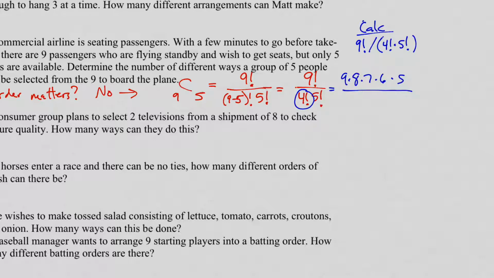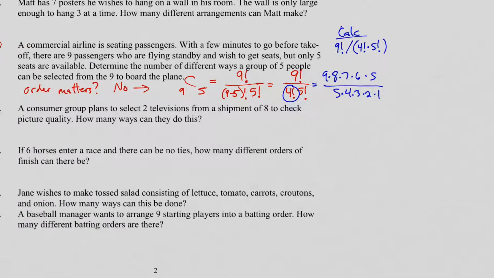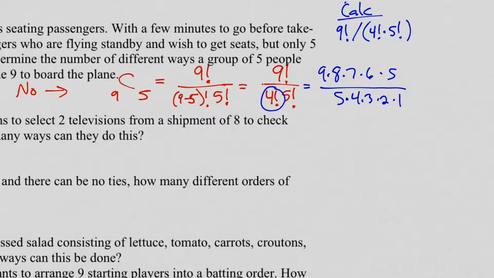Okay, the 4 through 1 is canceled out because of that 4, but I am still left with the 5. Okay, I'm running out of room, so you can do the whole thing all laid out if you want, but this saves us a little bit of time here.